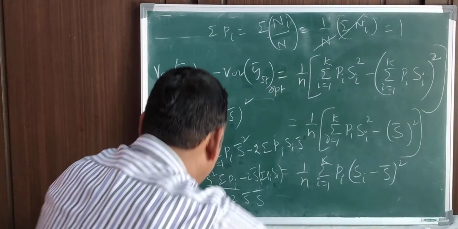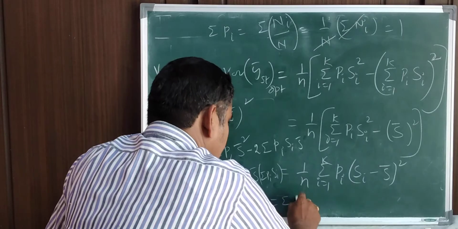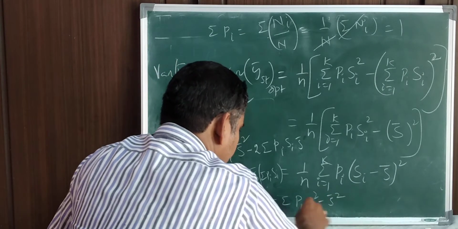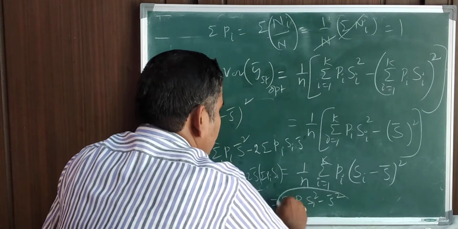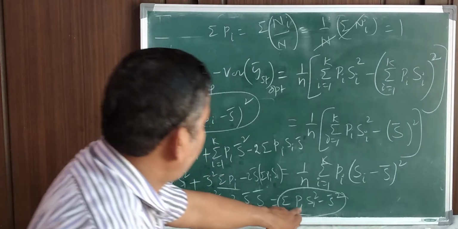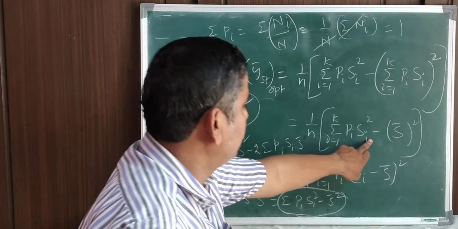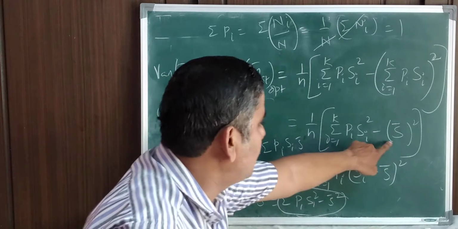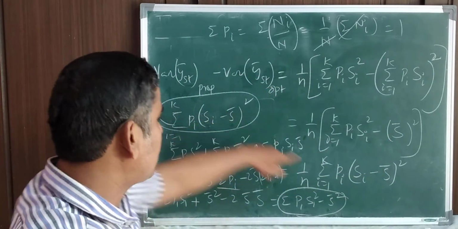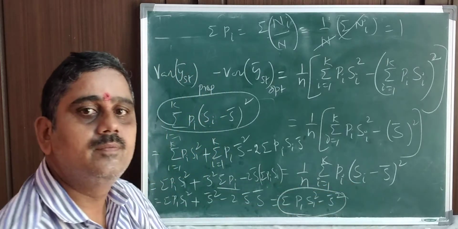So hence it is equivalent to summation pi into si square minus s bar square. Have you got this value? Summation pi si square minus s bar square can be written as summation pi into si minus s bar whole square. That is what I have written here.